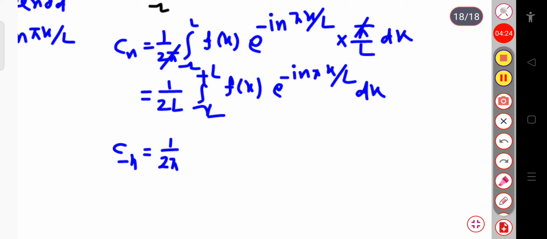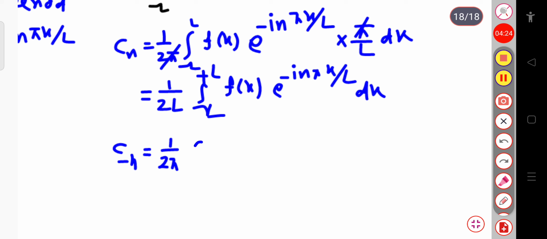That is 1 by 2 pi times the integral from minus L to plus L of f of x, exponential plus i n, where in place of z I write pi x by L, and in place of dz I write pi by L dx. The pi gets cancelled, so C minus n equals 1 by 2L times the integral from minus L to plus L of f of x exponential i n pi x divided by L dx.